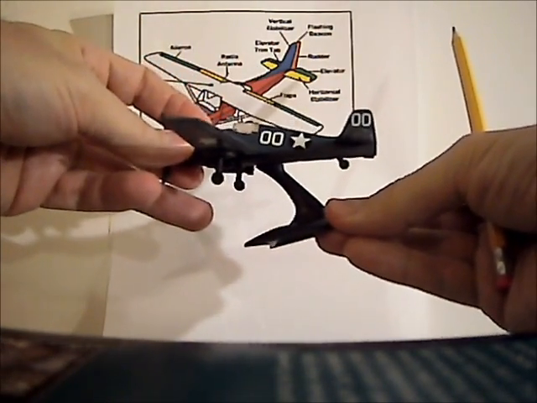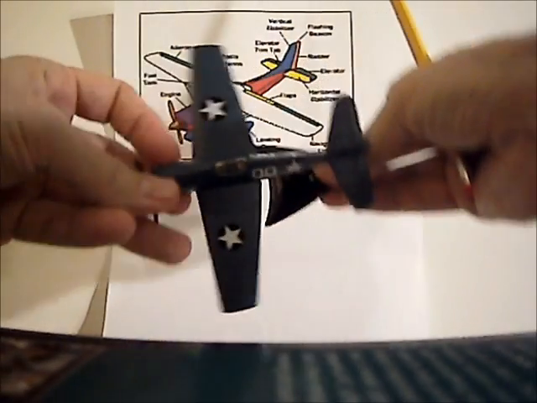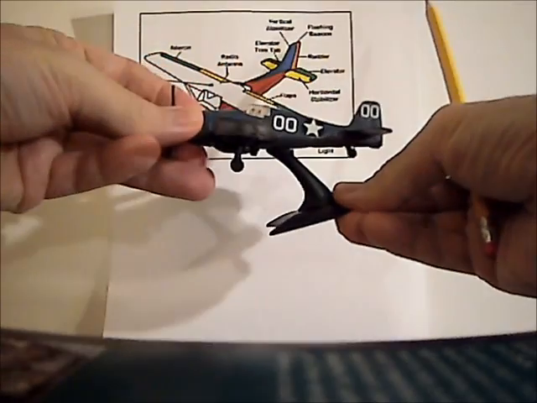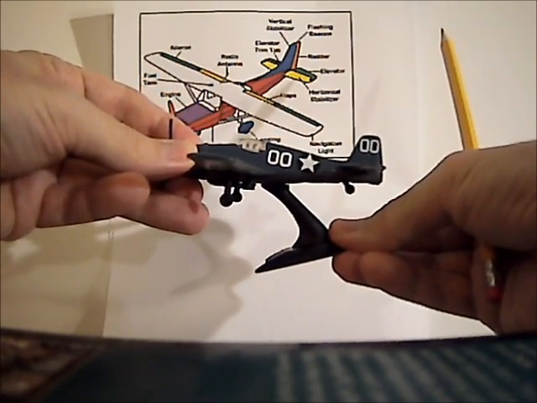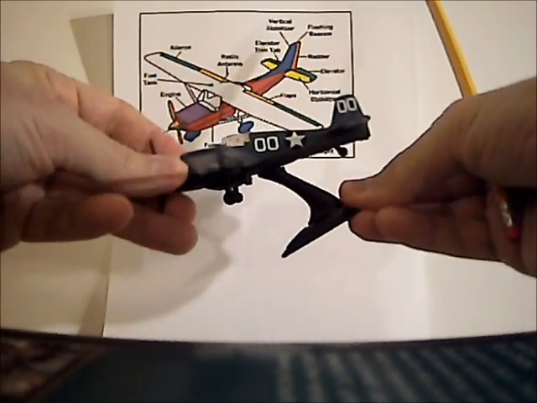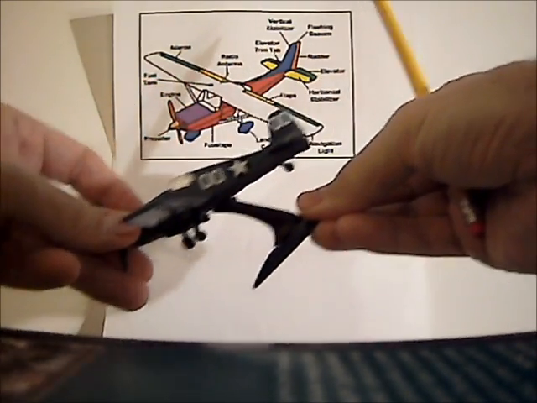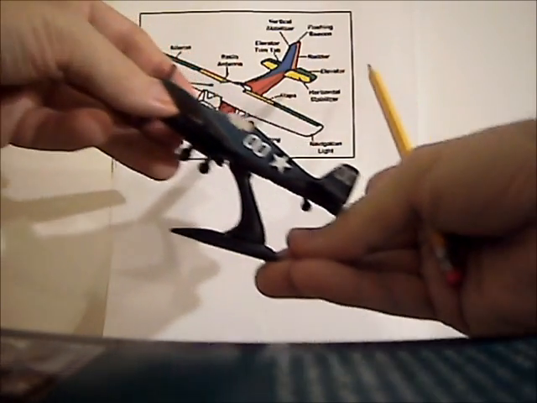So the rudder gives us yaw, and the elevator gives us pitch: down so the aircraft can descend in altitude, up so that the aircraft can climb.